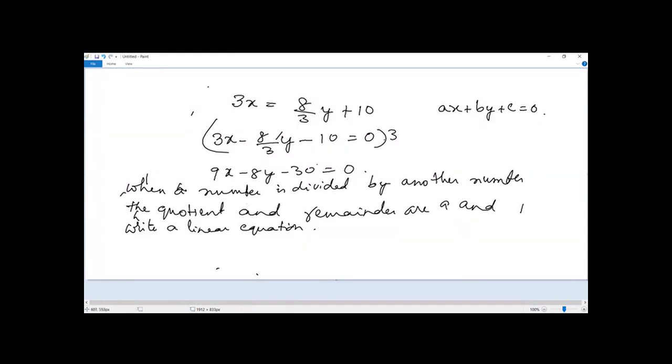Now, what is the equation for division? Dividend equal to divisor into quotient plus remainder. Correct. Quotient plus remainder.